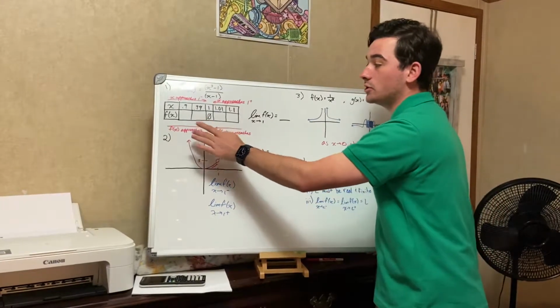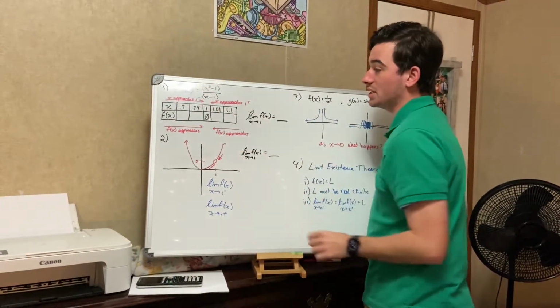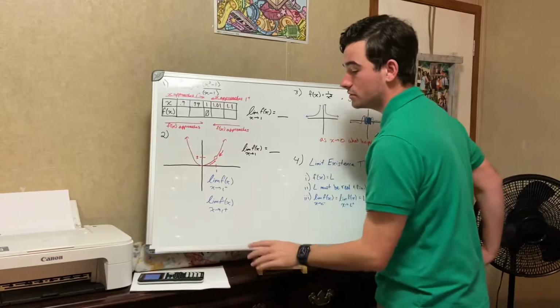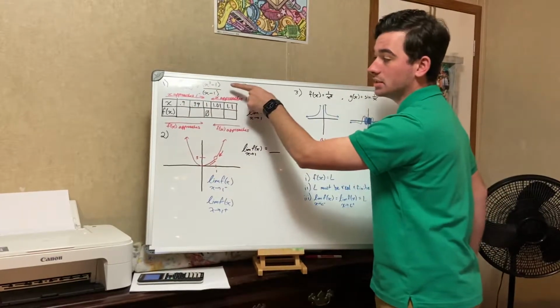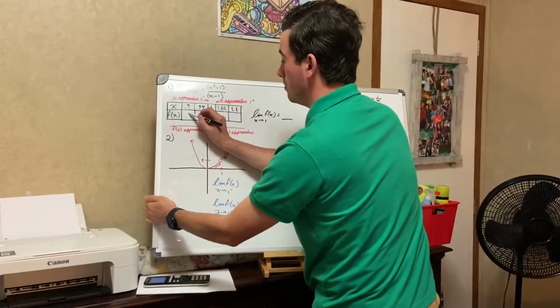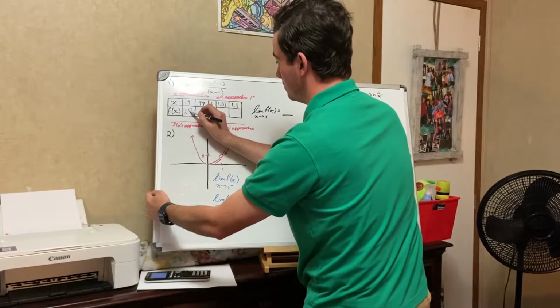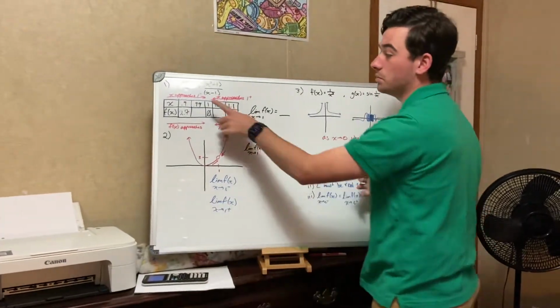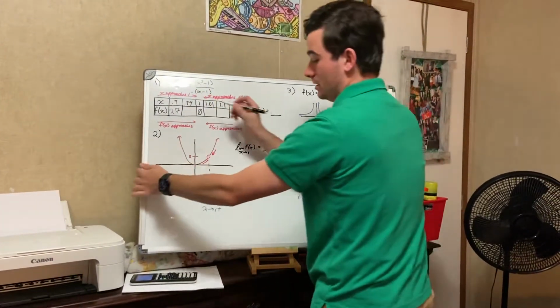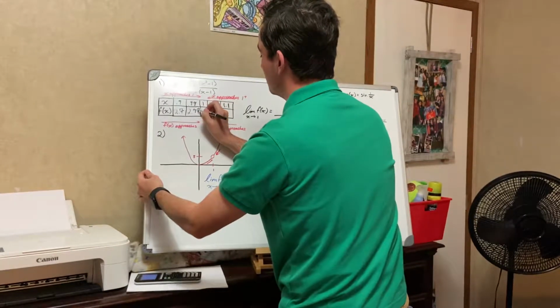So now I want you to construct this table and plug in all these x values. So if you're to plug in 0.9 for x into the equation, you should get 2.7. If you're to plug in 0.99, you would get 2.97.